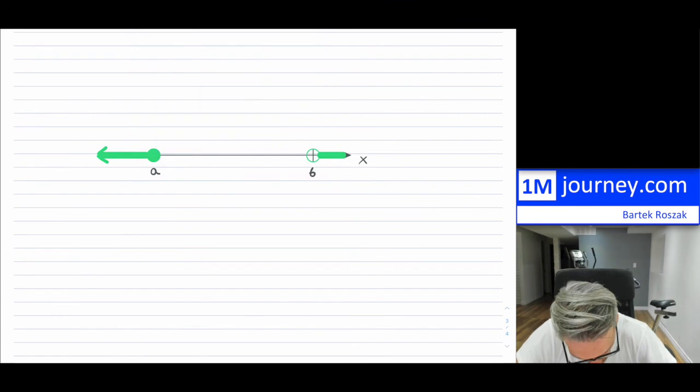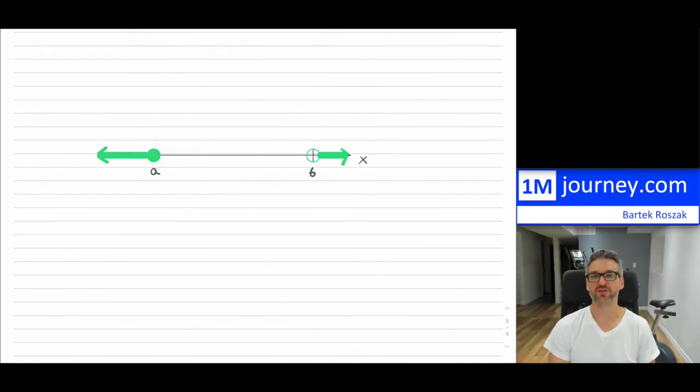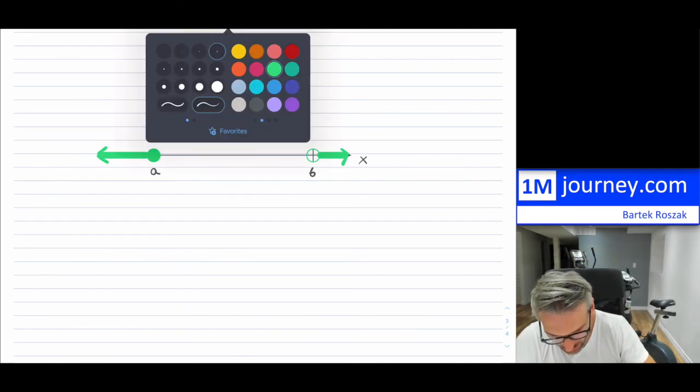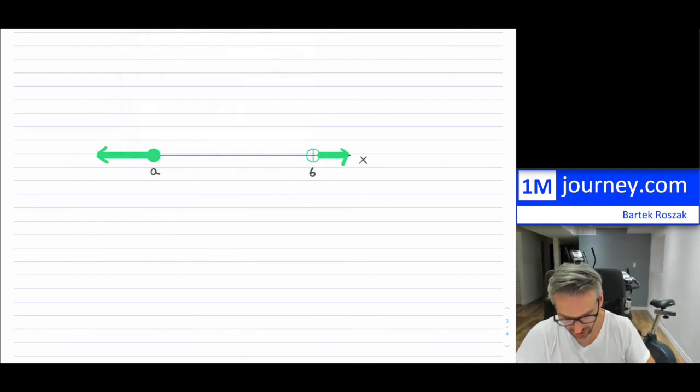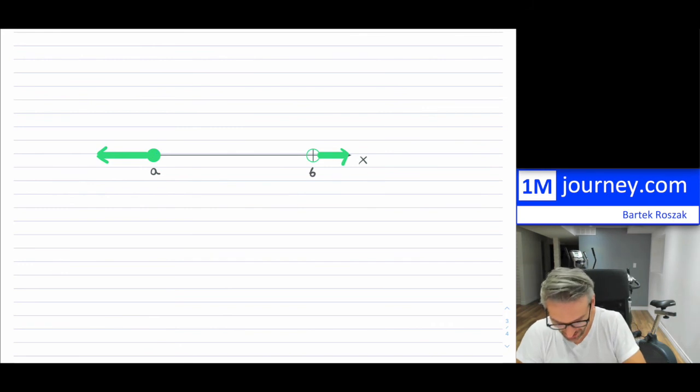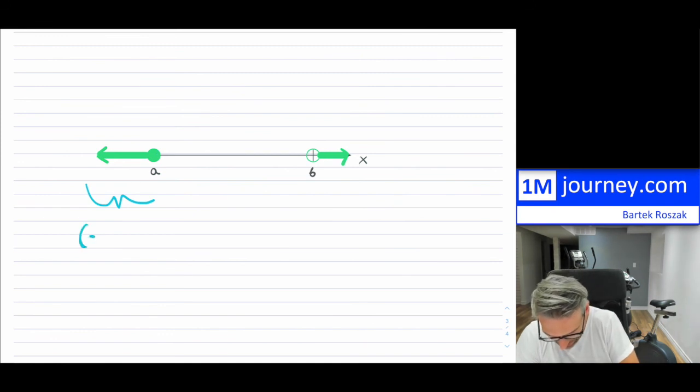So now, how would I designate something like this, if someone gave us this? Well, I wouldn't be able to designate this with just a single bracket or interval notation. I would have to use multiple things. Notice this right here: if I used bracket notation, it would mean all of the numbers, and now I am including the A here.